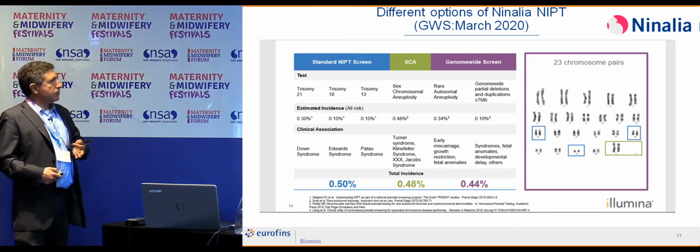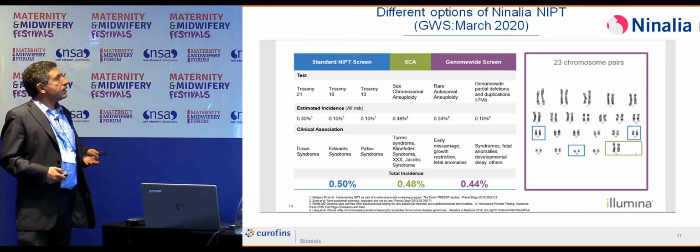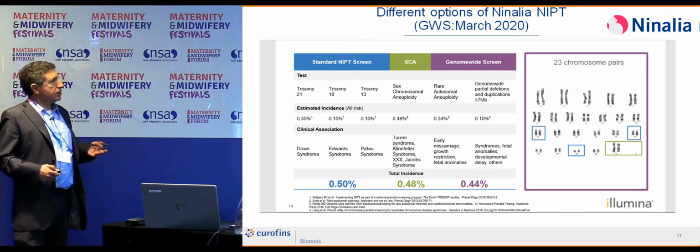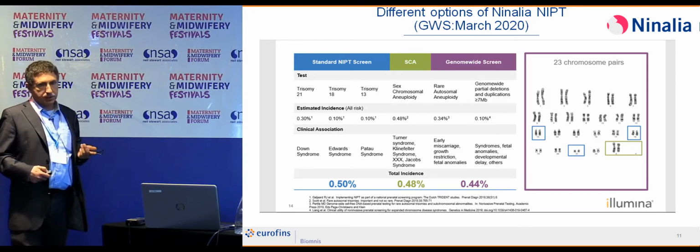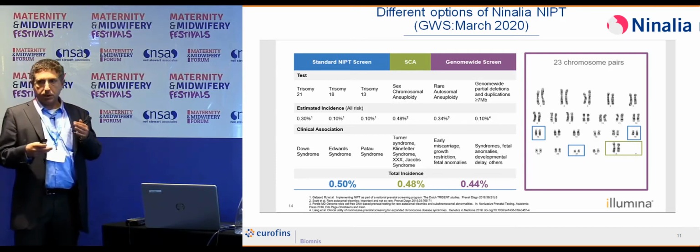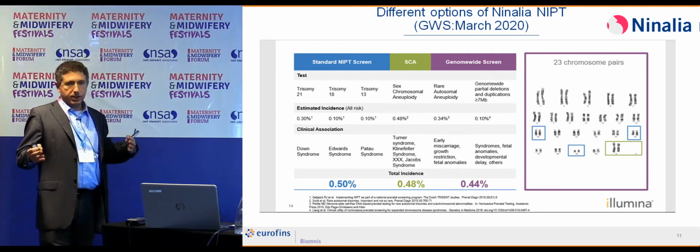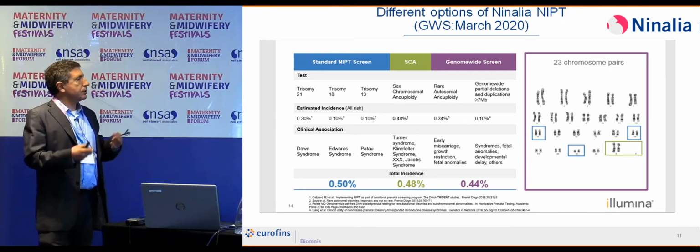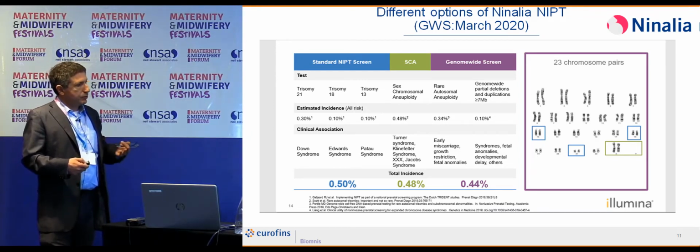And next month, we'll be able to propose rare autosomal aneuploidy, for instance, trisomy 16, and genome-wide partial deletions and duplications, but only above 7 megabases. So we calculate the size of the deletions in megabases, or hundreds of bases, but here we would be able to detect duplications and deletions over 7 megabases.